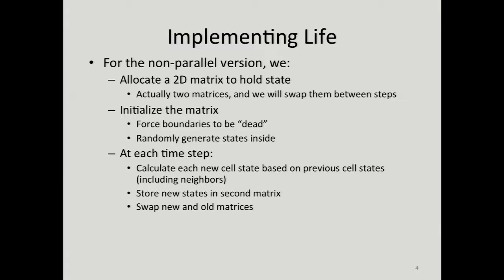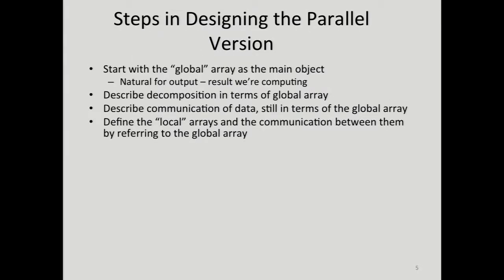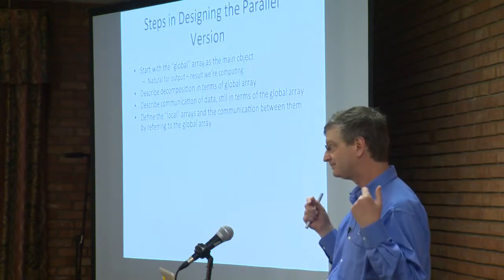We initialize it. In this case, we're going to have a fixed size world, and the edge is dead. And then at each step, we calculate the new states based on the previous states, and then swap. Okay. So pretty easy code.